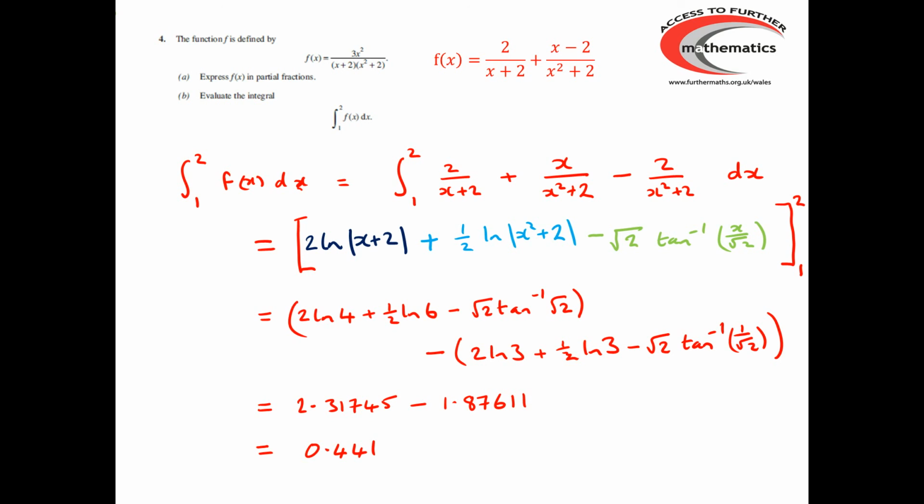Then there was an answer mark for handling each of those separate bits individually. So that was 3 answer marks, 1 for each of the 3 parts of the integral. And then the last 2 marks were for correctly evaluating the definite integral.